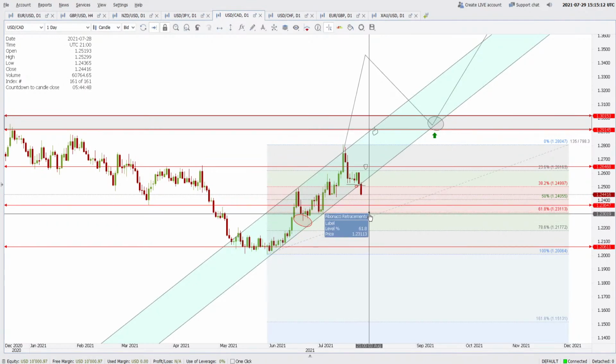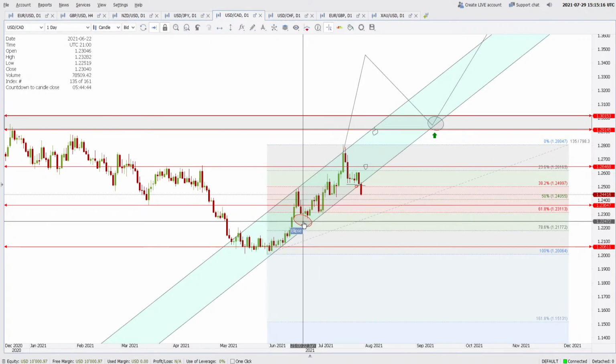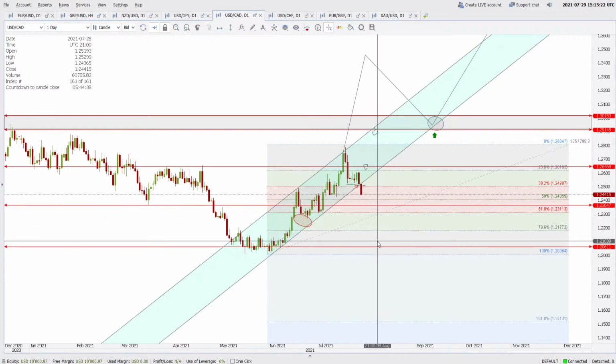If 61.8% fails, or the price is able to close below this low of 1.2251, then expect 1.2061 to be tested again.